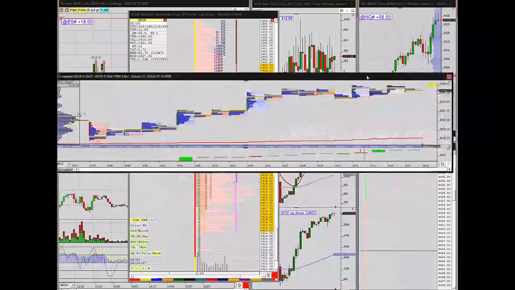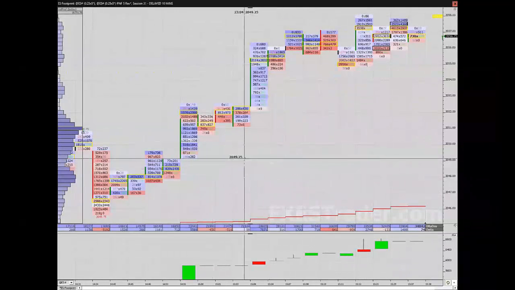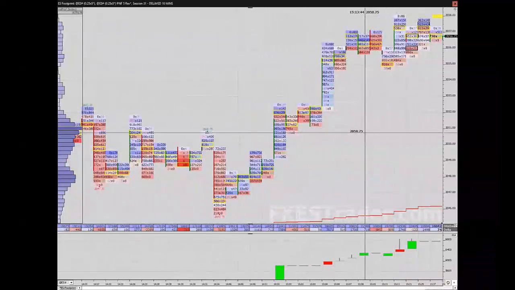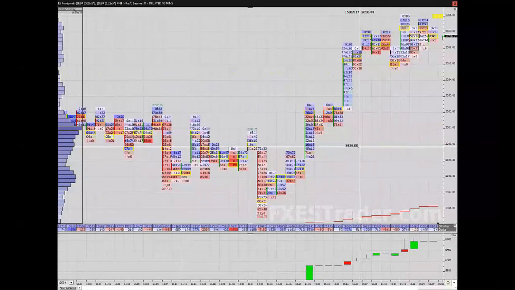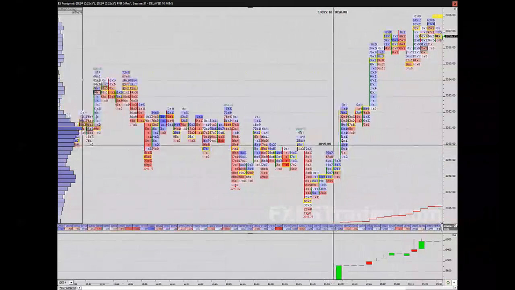This is the footprint chart of today, and I can make this really small so we can see. Keep in mind that this is not a regular candle chart. This is a point and figure chart, and this confuses a lot of people, but this is a 5-tick point and figure chart of today's trade.